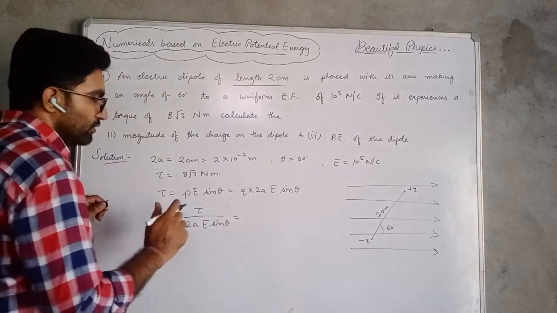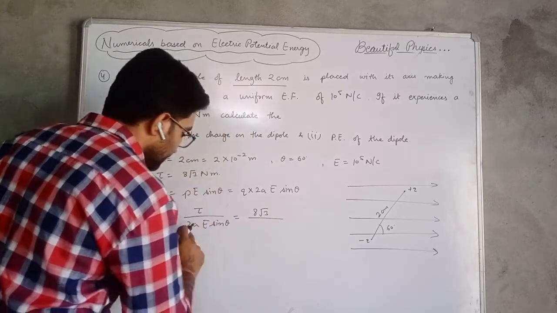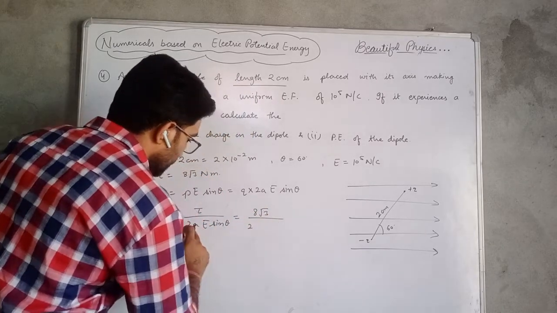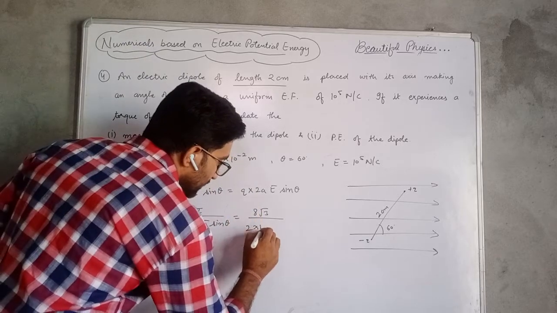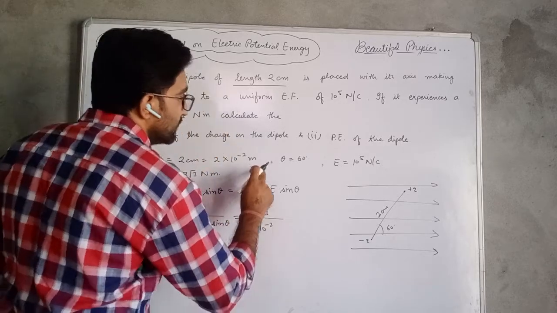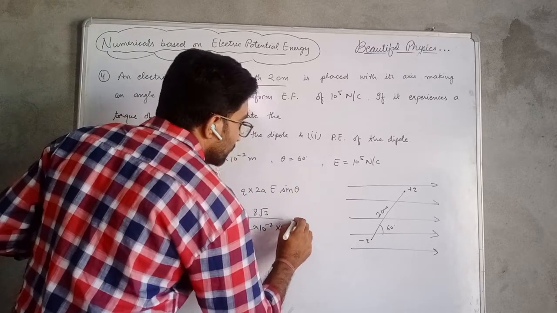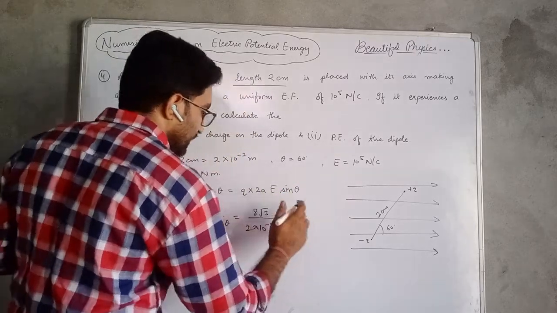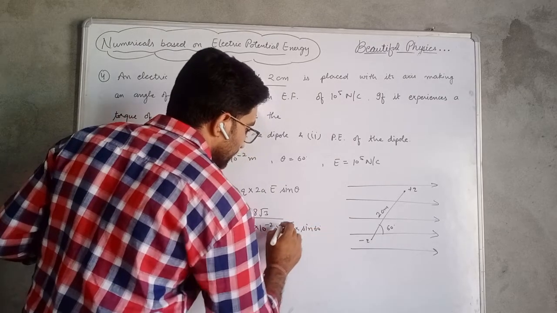Let's put the values one by one. 8 root 3 divided by 2, in place of 2A we will write 2 into 10 raised to power minus 2, and in place of E we will put 10 raised to power 5 and sine of 60 degree.